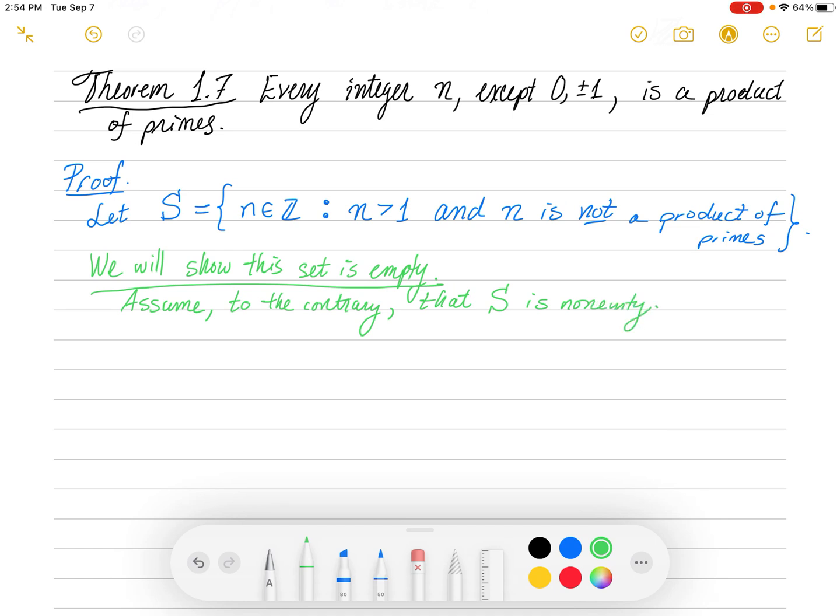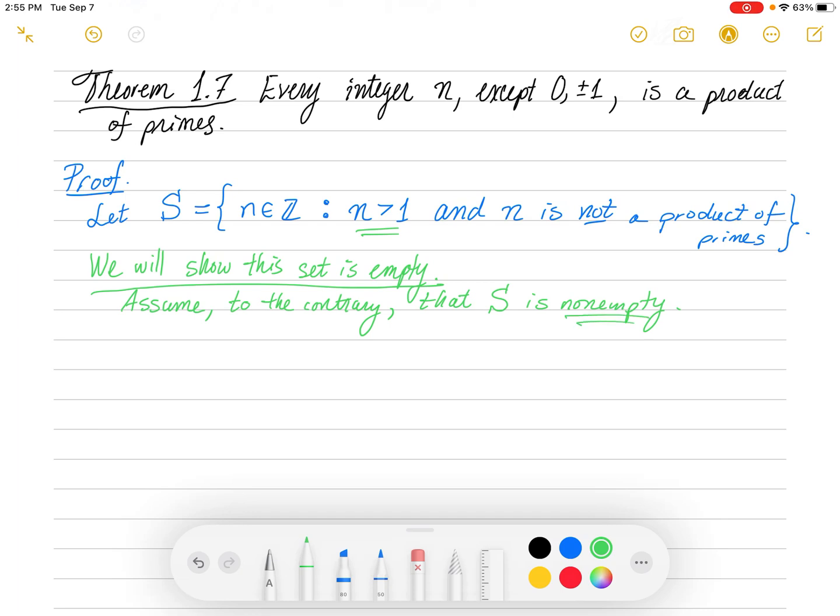What does that mean if a set is non-empty? That means there's something in it, right? Now remember, the n's are not negative, they're greater than 1.